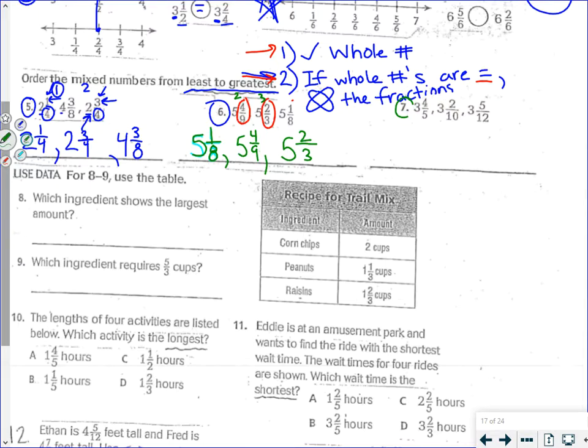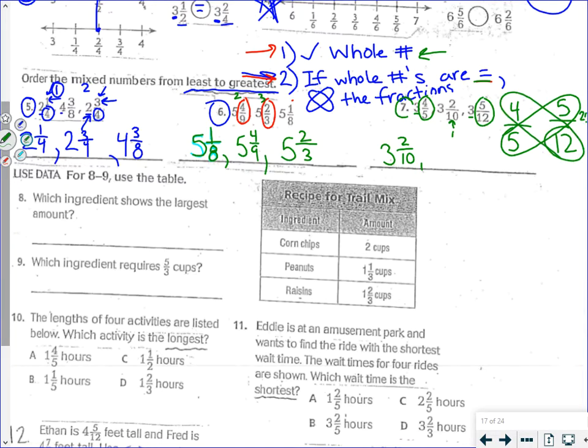So I know that this one's going to be number 1, 3 and 2/10. Now I'm going to butterfly these two, because I see that they have the same whole number. So I'm just going to take the fraction part, 4/5 and 5/12. 5 times 5 is 25. 12 times 4 is 48.